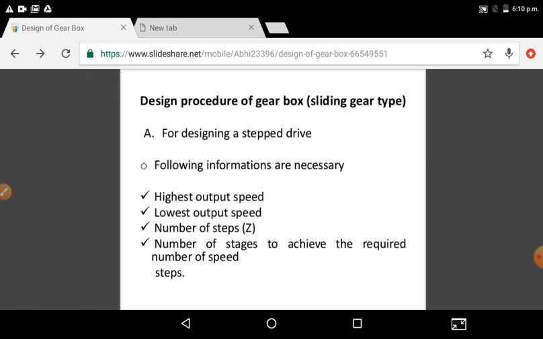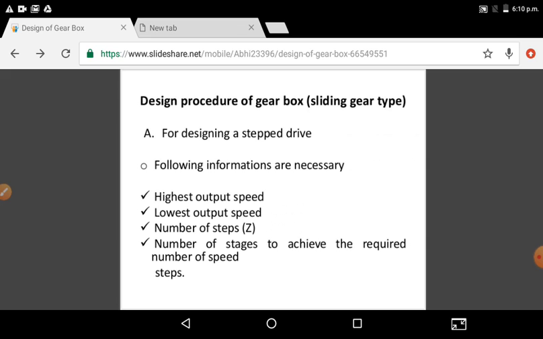Now the design procedure of the gearbox. What are the steps we have to follow to design the gearbox? This procedure is only for the sliding gear type gearbox, right? For designing a step drive, the following information is necessary.